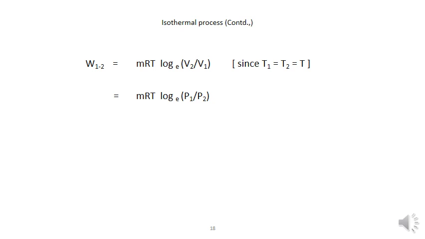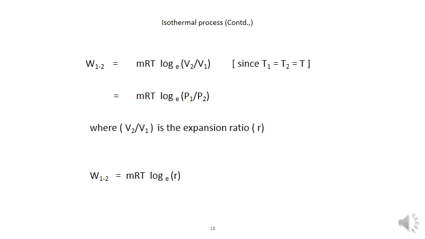So the work transferred during the isothermal process is given by mRT log r. What is the expansion ratio? It is the ratio of the final volume in state 2 to the initial volume in state 1, and it is denoted by r.